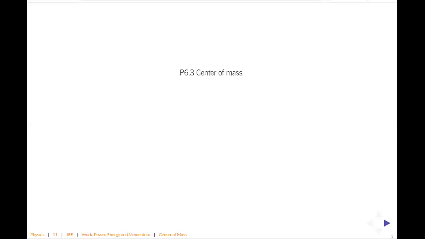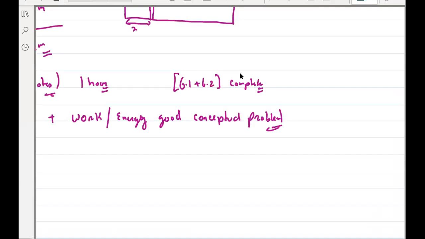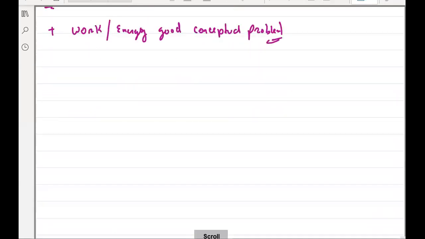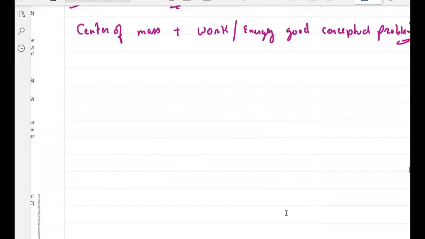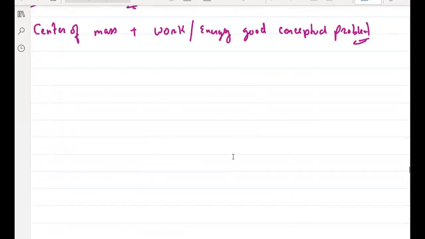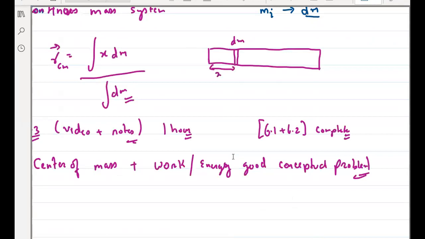Now, before starting this, let us talk about some basic ideas, some basic concepts that are used in center of mass. I'll just revise and recall what we covered in last class: the basic definition of center of mass, and how to find the center of mass for a discrete system and for a continuous system.